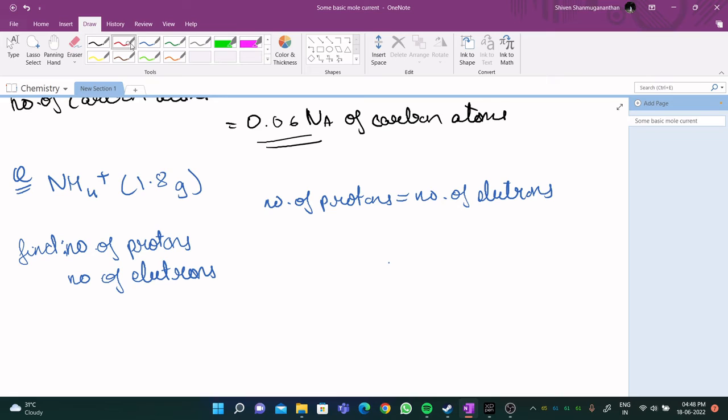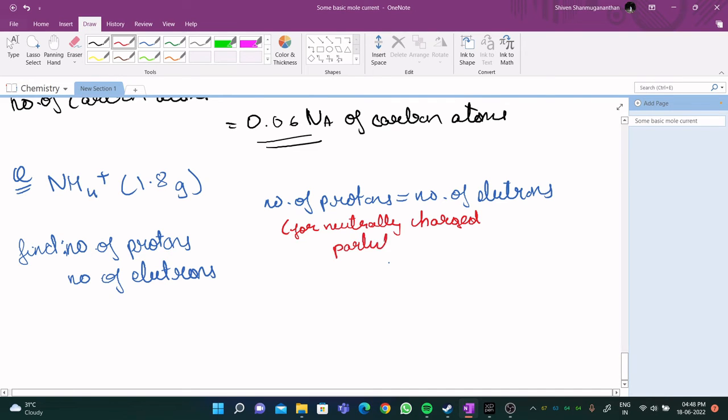I'll put that in brackets. Neutrally charged particle. Fine. Switch back to blue.